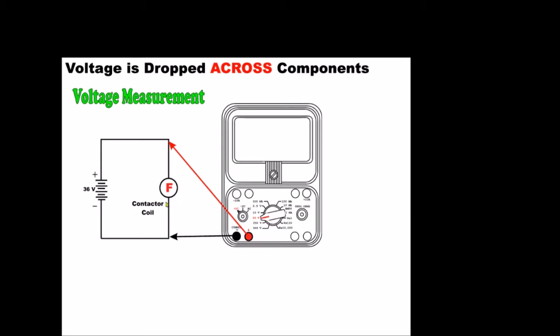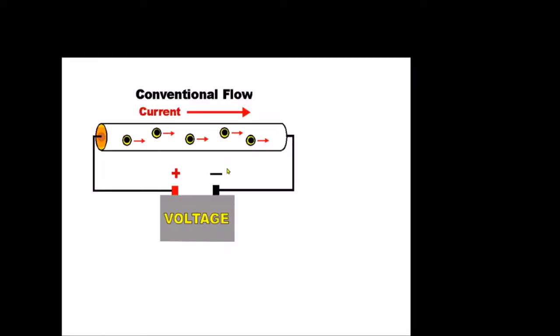It provides a very small load, typically maybe 20 to about 40 ohms of resistance. So here is our resistive element, and we're going to measure the voltage drop across that coil. We're going to put our negative lead here and our positive lead here, and we will measure the voltage drop across that particular component. So voltage is dropped across components.